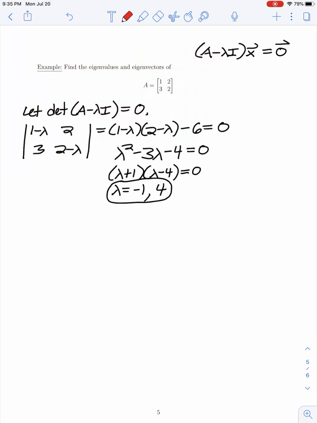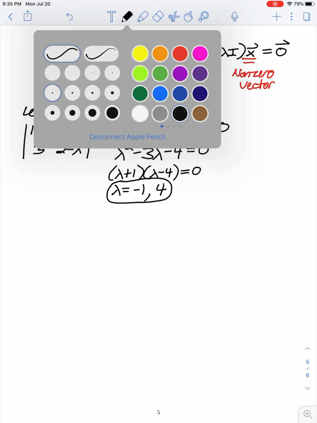So we're looking for non-zero vectors x that would solve this system, and any non-zero vector which solves this is an eigenvector. For each of the eigenvalues that we just found, let's find the corresponding eigenvectors.